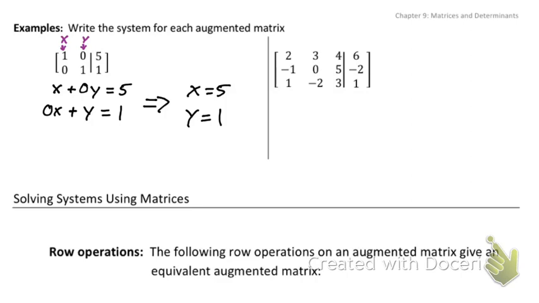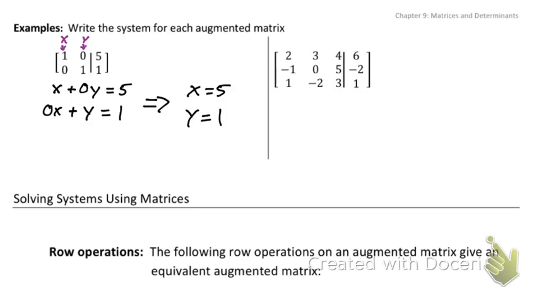This one right here is the key matrix we're going to use to solve linear equations, because this is our identity matrix. It is the one that ends with x equaling 5 and y equaling 1. So if you ever see this identity, you actually know the values of your variables. And that is going to be our key to actually solving these, but we're going to talk about that down there in a second.